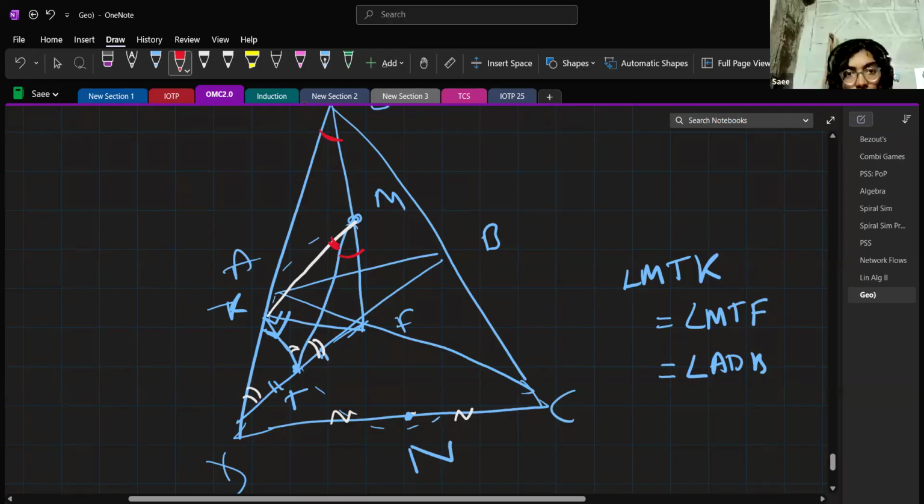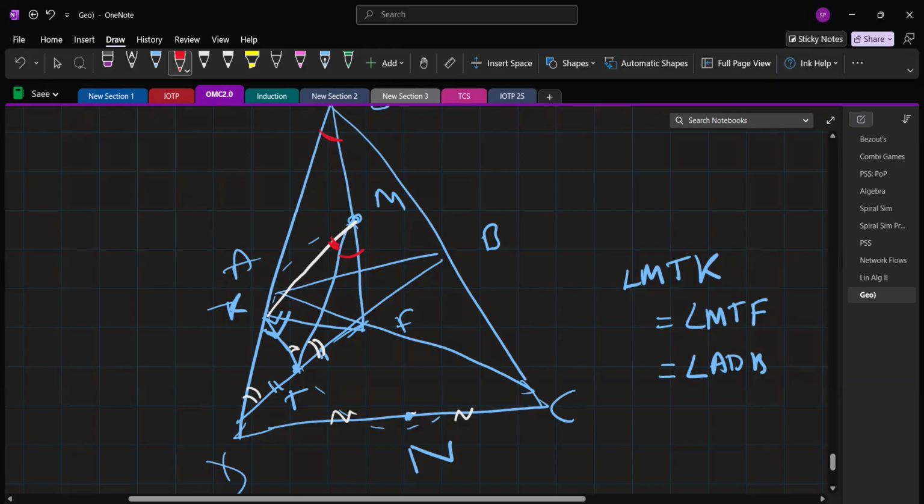Yes. How do we show that this is cyclic? Wait, is this claim correct though? I'm just curious. Yeah, I think it is correct. Can you repeat which quadrilateral you want to prove cyclic?